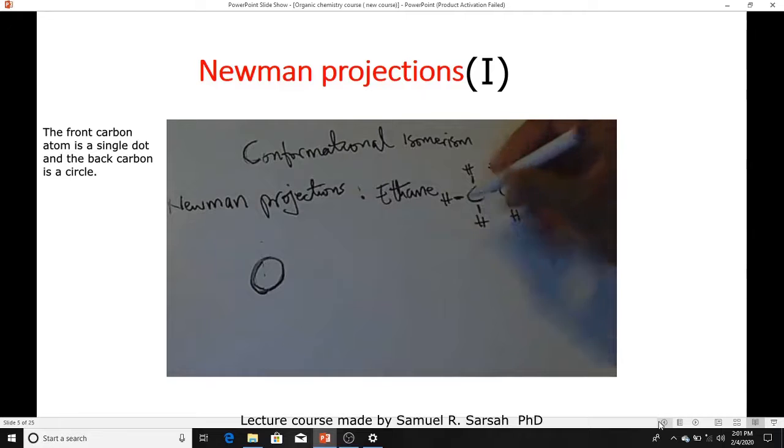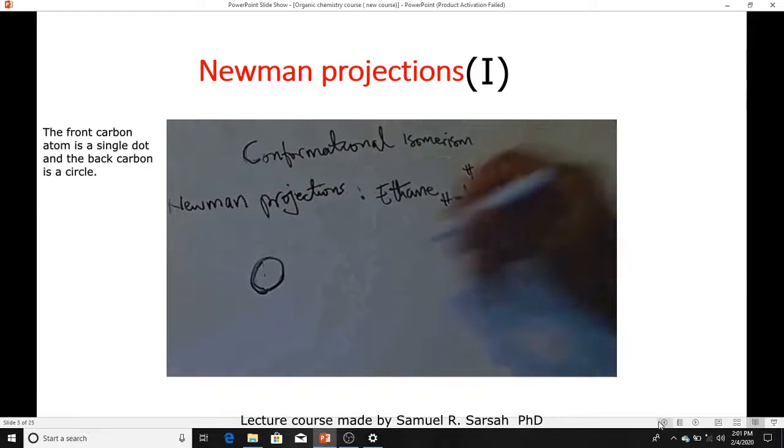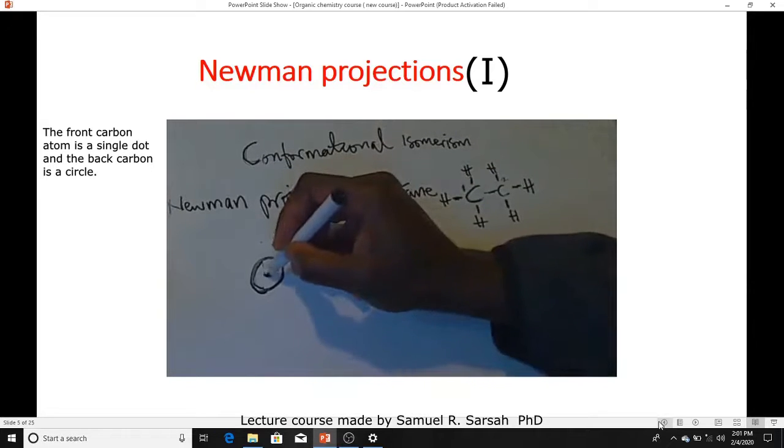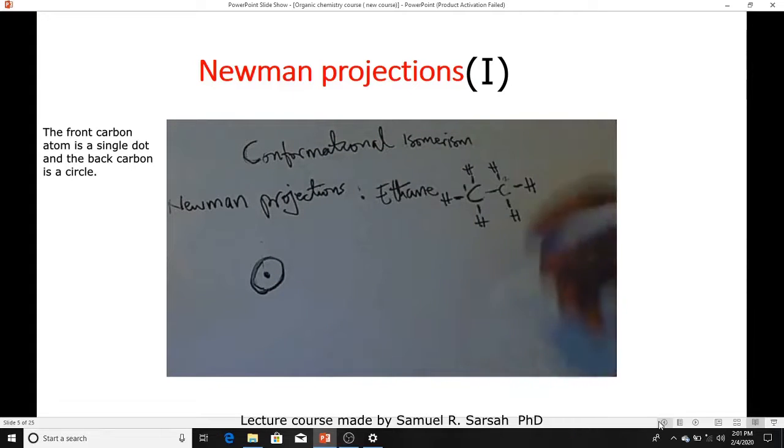So this carbon is the big circle, and this carbon number 2 is the dot inside. Okay, this carbon has 4 neighbors, 1, 2, 3, 4.